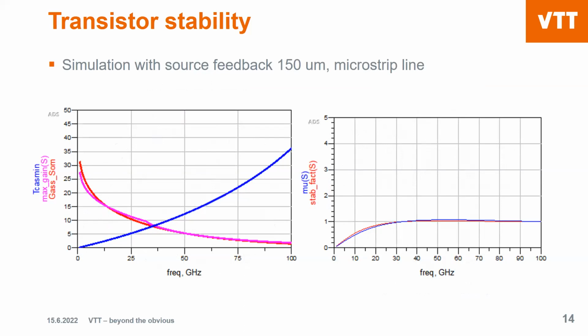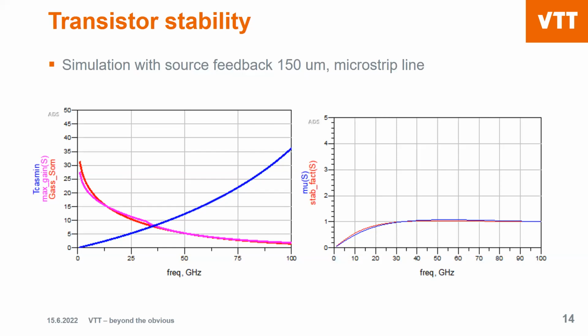This is one thing that you need to consider: it's better to start with a very stable case rather than trying to get everything out of the transistor. But at the same time, we can see that the gain dropped quite heavily because we introduced feedback.